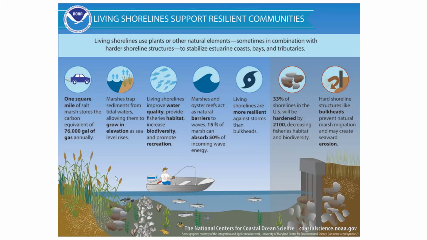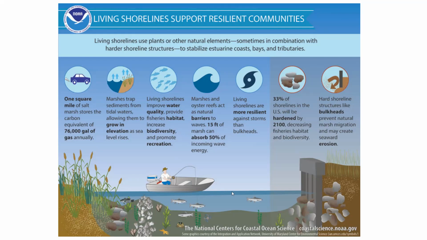These living communities, in addition to improving biodiversity by providing habitat, help keep the water clean, because some of these plants can actually absorb some of the pollution that may be in that water. They're also going to provide some protection from those waves.